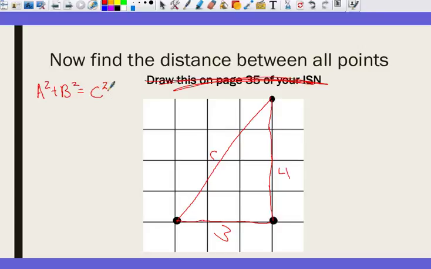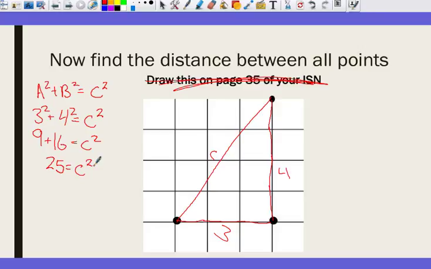All right, let's plug it in. Let's figure out what the answer is. We know A is 3 and B is 4, so 3 squared plus 4 squared is equal to C squared. 3 squared is what? 9 plus 16 is? 25.